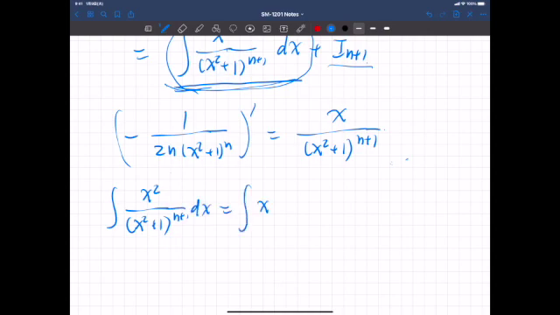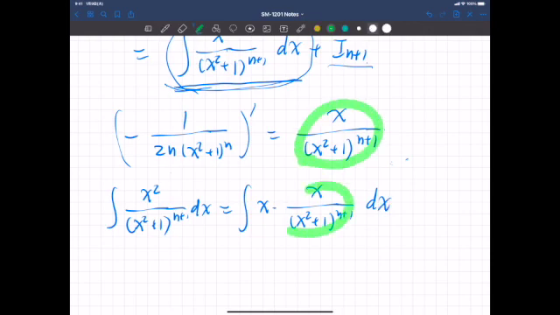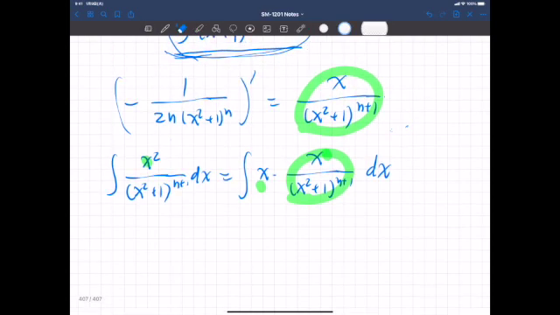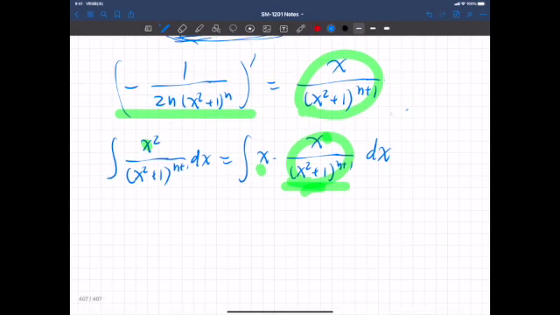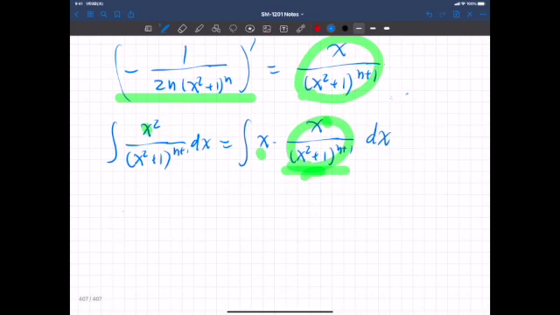So that is x times x over (x squared plus 1) to the power of n plus 1. So here we go, we have this term here. So this x squared is split into this x and this x. So this one is the derivative of this function. So we just substitute this expression, then apply integration by parts.